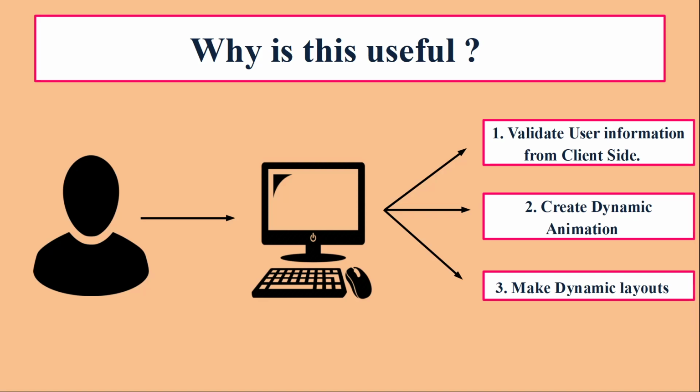So you can validate that information straight away. You can create dynamic animation from it. So you can do it every time an image loads. You can change something about it and then reload that image to create animation. And you can make dynamic layouts because you can pull things out of that DOM and add things in as the user interacts with them. So there's a lot that you can do with it.